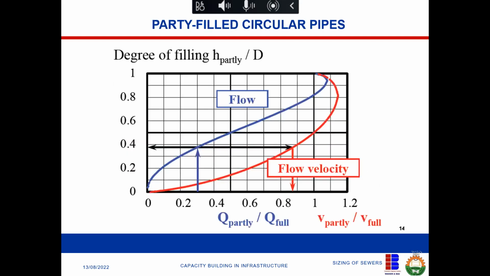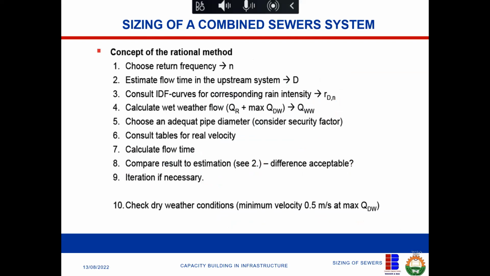So here, it talks about partly filled circular pipes. I'll discuss this partly filled at length later on. Same thing applies to velocity. So number 7, you calculate the flow time, you compare your results, and then you do iteration if necessary.